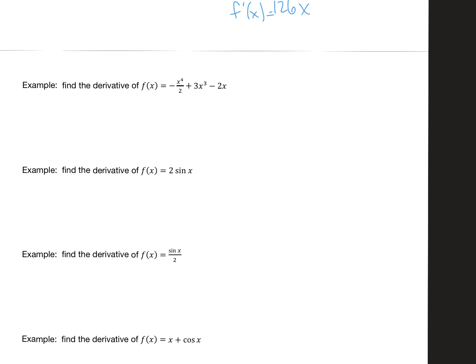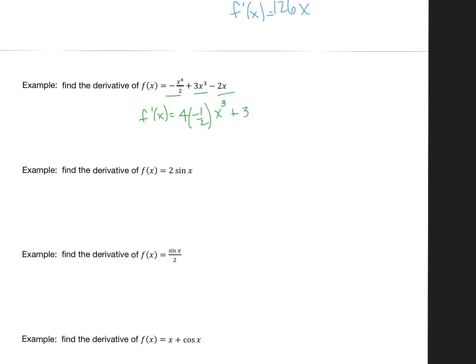All right, scooting it up a little bit. Okay, so now this is a function that is a sum. So I'm going to take the derivative in pieces. I'm going to do the derivative of this, and the derivative of this, and the derivative of this. So let's get going. The first one, I'll have the 4 times -1/2, decrease your exponent by 1.